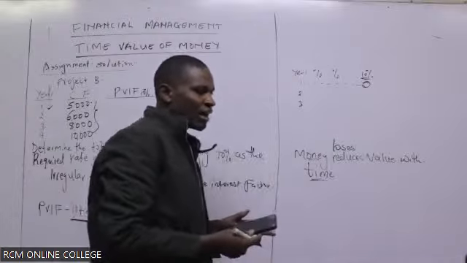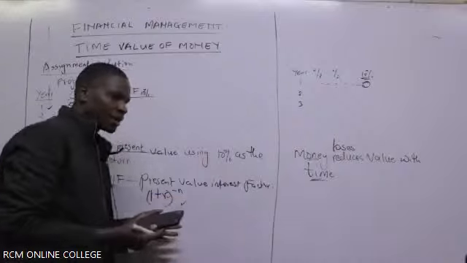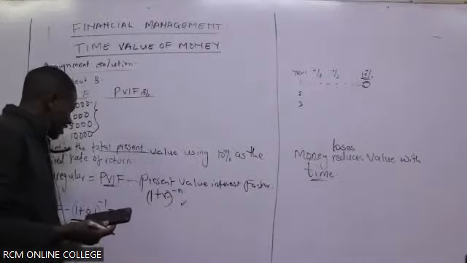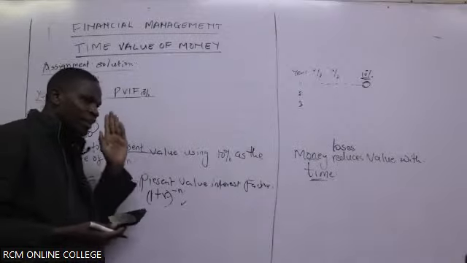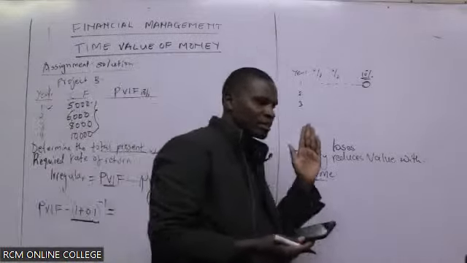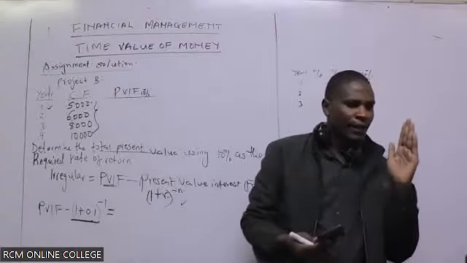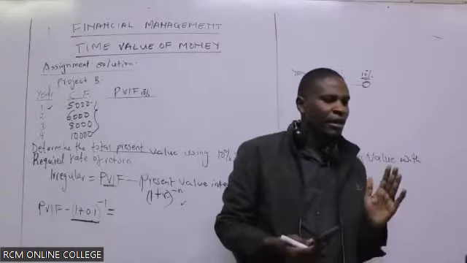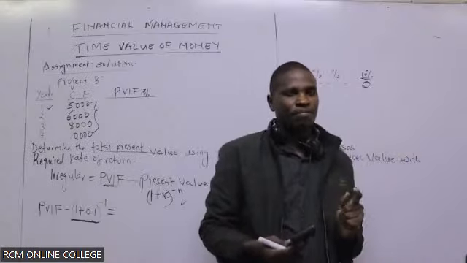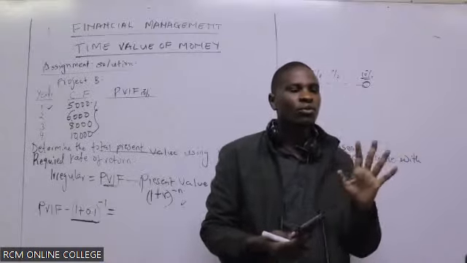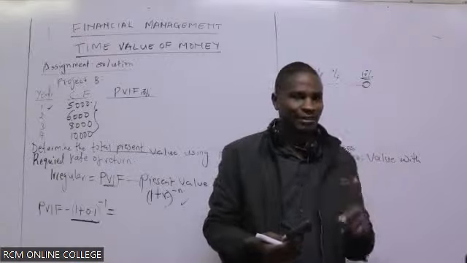Everyone else is using a calculator and giving me this, 1.1 raised to power negative 1 to 4 decimal places, and you can see they're giving me 0.9091. Please note, it is always good to know how to use the table.